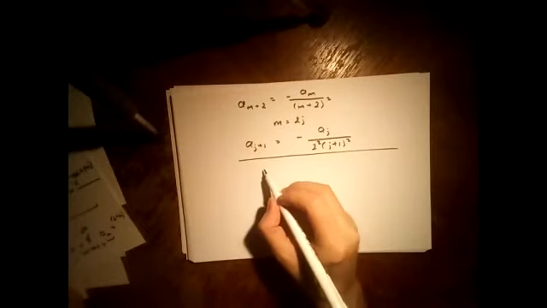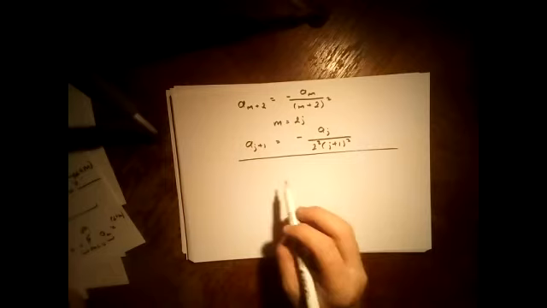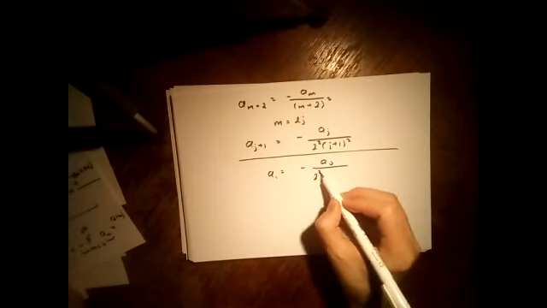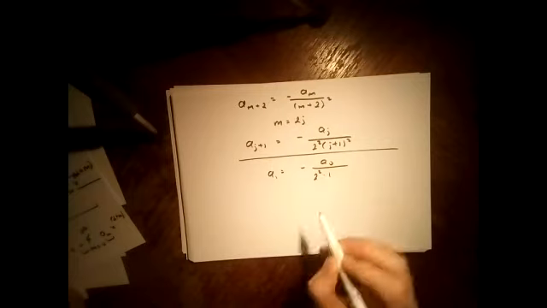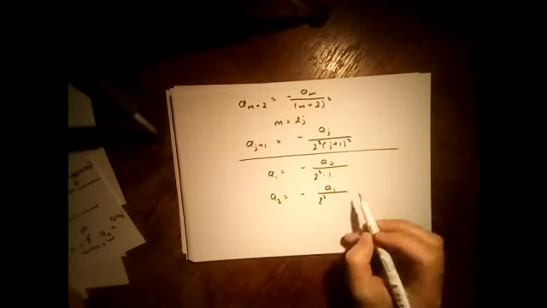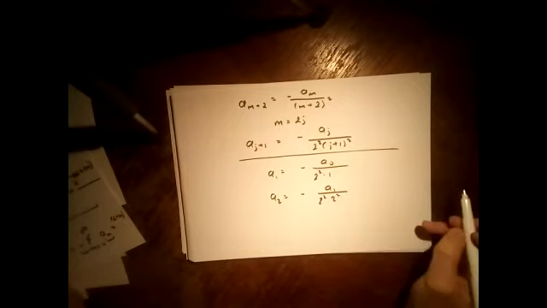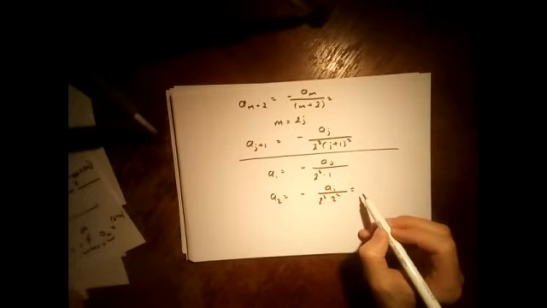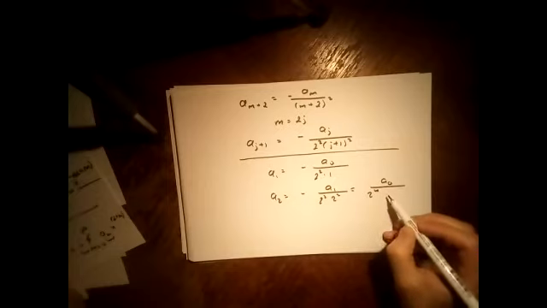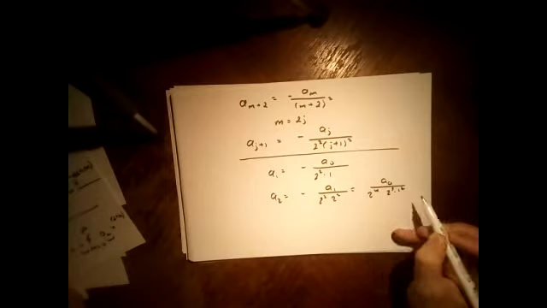Our power series solution is, based on this recursion relation, let's say a1 is minus a0 over 2 squared times 1 times 1, and a2 is minus a1 over 2 squared times 2 squared, which is a0 divided by 2 to the 4th, 2 squared times 1 squared.